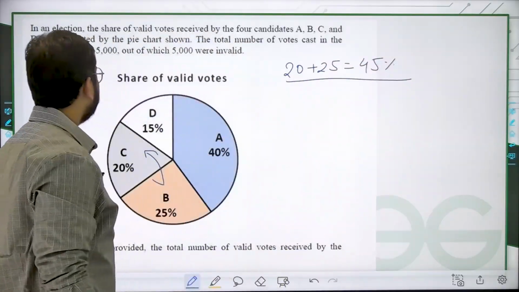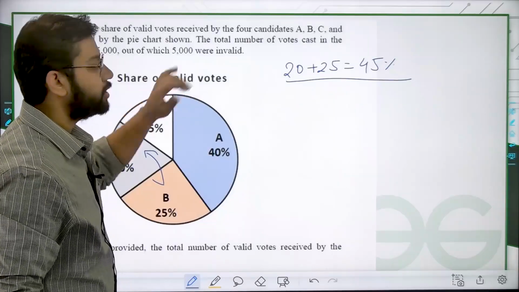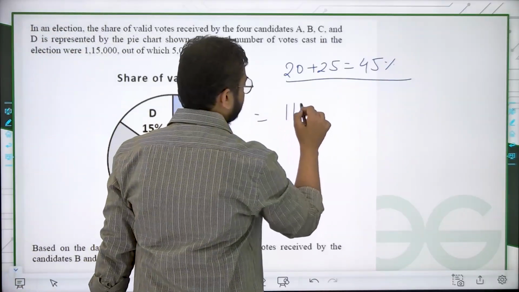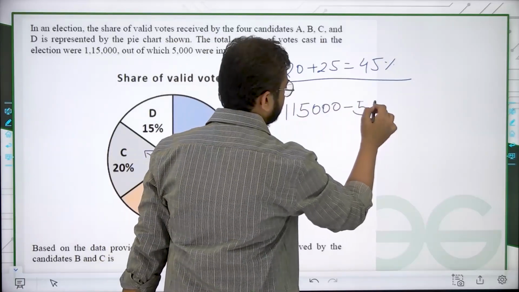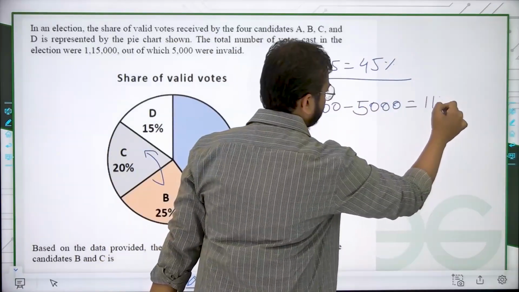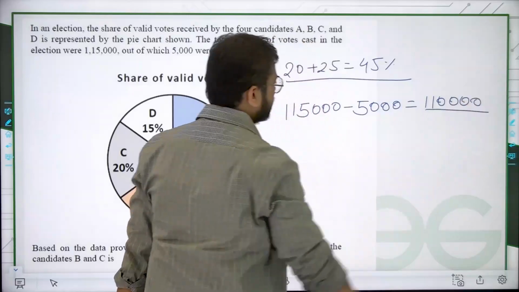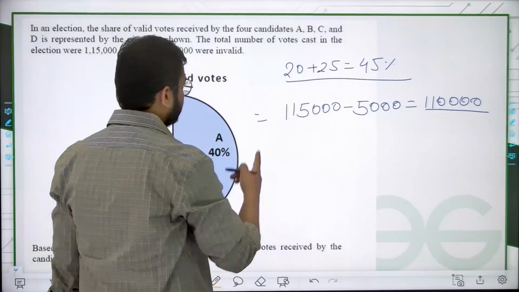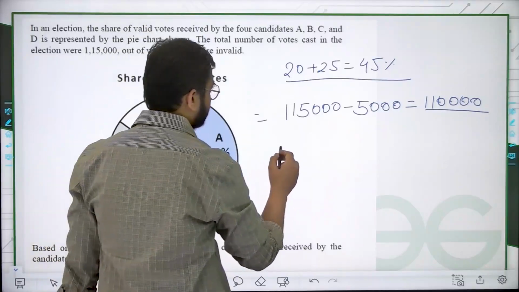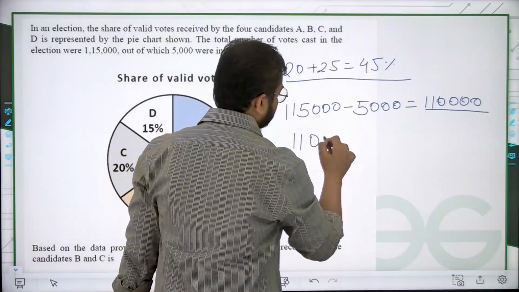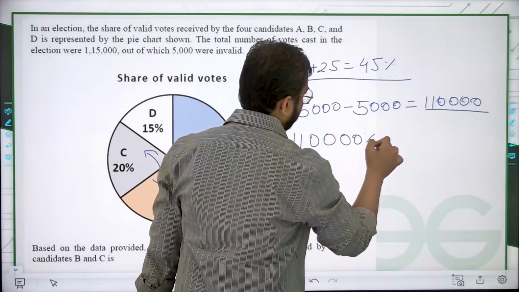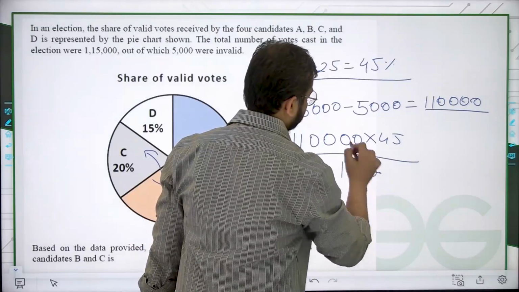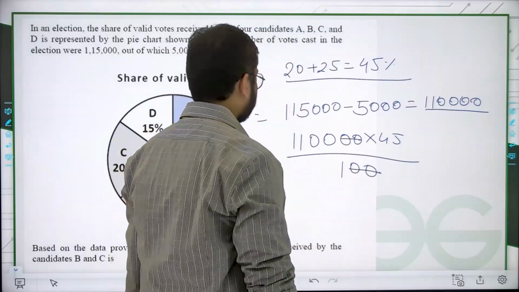Now we have 115,000 votes and 5,000 are invalid. It means that the valid votes equal 115,000 minus 5,000, which is 110,000. This is the valid vote total, right? And we have to find the B and C contributions, so 45% of 110,000.